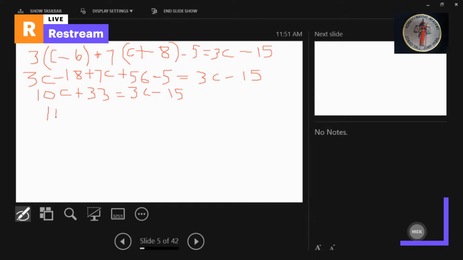So we have 10C. Bring over the 3C, it's going to become minus 3C. And we had our -15 on the right. And we bring over this 33, it's going to become minus 33. So 10C minus 3C is 7C. -15 minus 33 is -48.